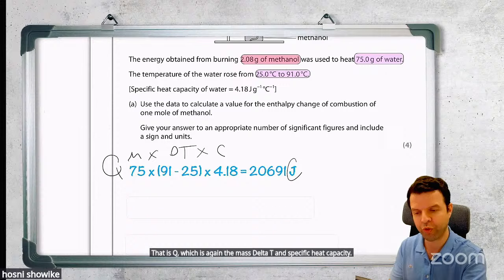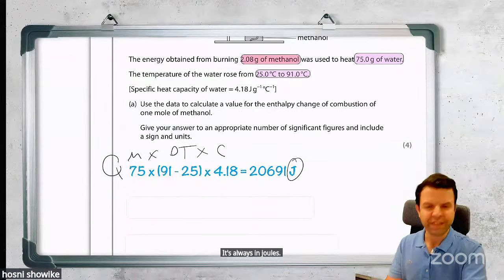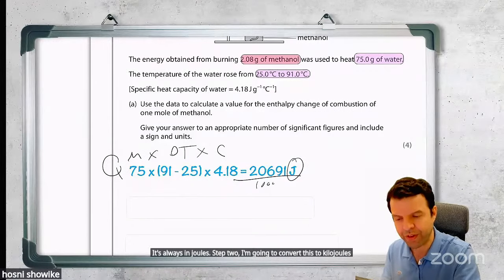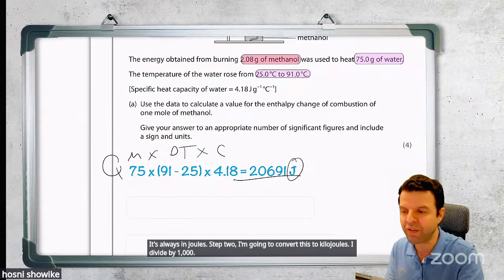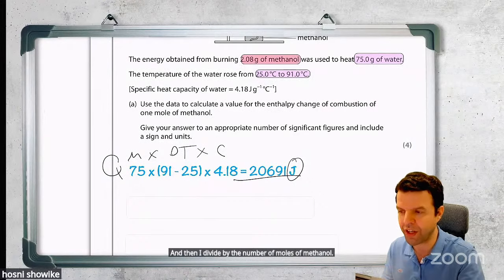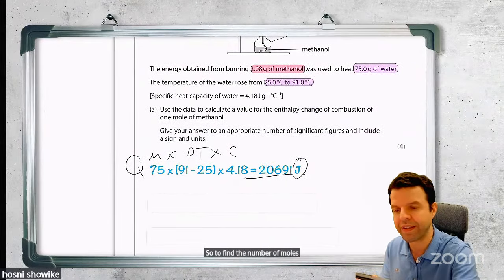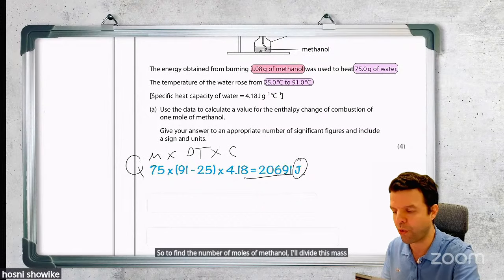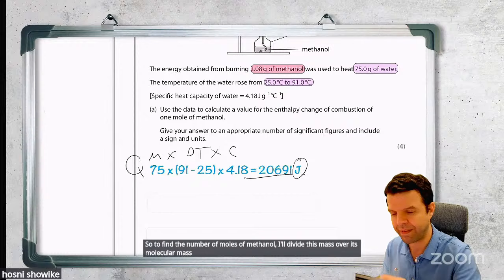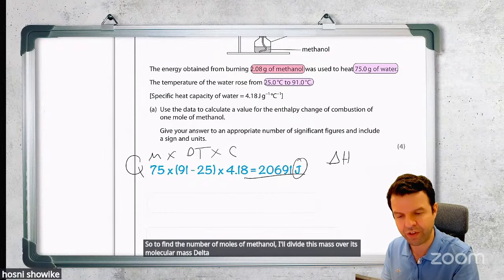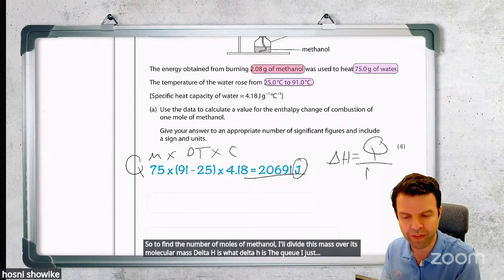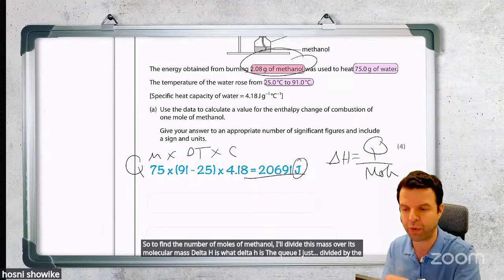It's always in joules. Step 2, I'm going to convert this to kilojoules. I divide by 1,000. And then I divide by the number of moles of methanol. So to find the number of moles of methanol, I'll divide its mass over its molecular mass. Because delta H is what? Delta H is the Q I just found divided by the moles of the methanol.